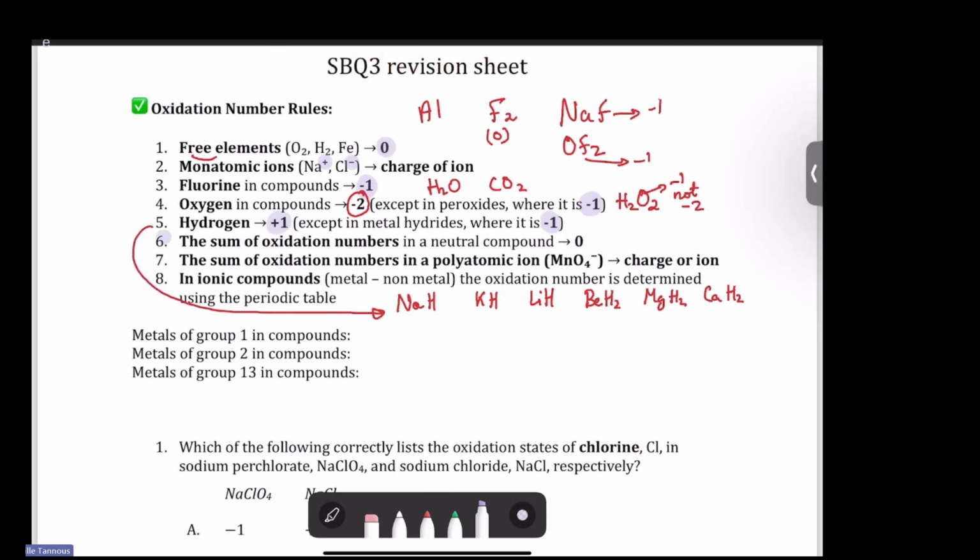Now, the rest of the rules, 6 and 7, we use in order to determine the oxidation number of all the other elements that I did not talk about.